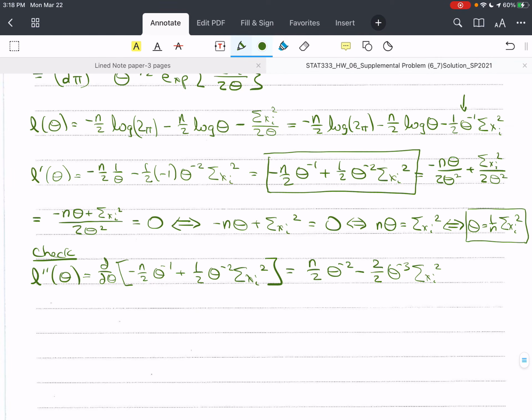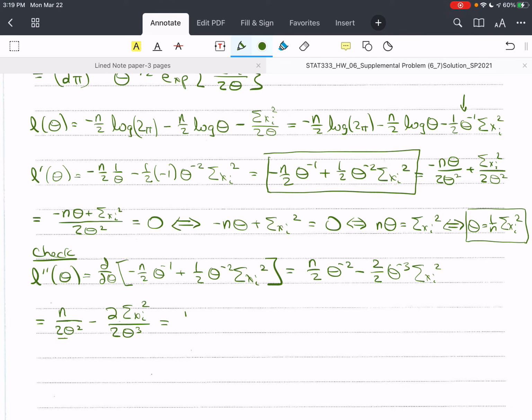Okay? So I need to find a common denominator, so I can rewrite this as n over 2 θ squared minus 2 sum of xi squared over 2 θ cubed. So you notice I didn't cancel the 2's there because I want a common denominator, and this has a 2 in it. So I'm leaving that 2 alone.